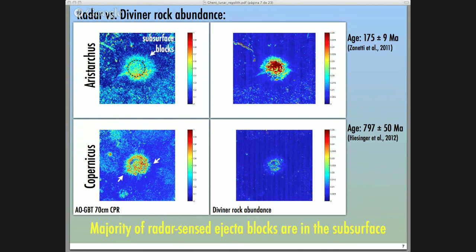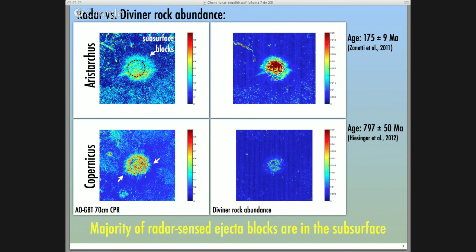And then in this case, for Copernicus, the rock abundance is actually pretty low at the surface, but you see this massive amount of rocks in the subsurface. And so by comparing these two different data sets, we can get a constraint on the changes in the rate of regolith accumulation and the way that the regolith protects subsurface rocks from being destroyed on the surface.